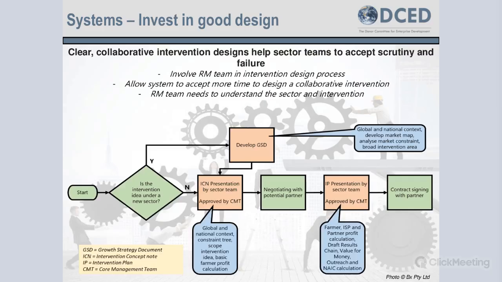Okay. Let me just quickly read and go through. The first one I had was the clear and collaborative intervention design system that helped us accept failure. The point we mentioned about failure is that it is always acceptable if we do the design jointly.